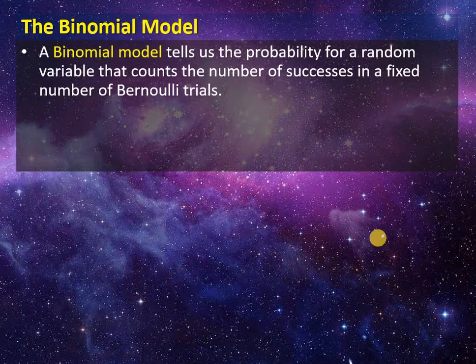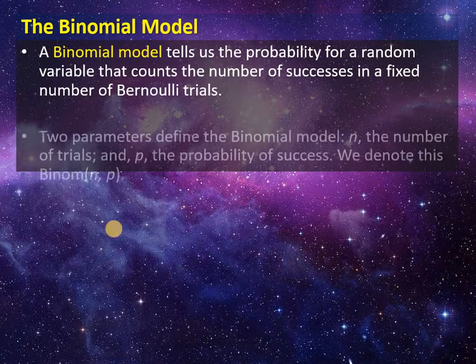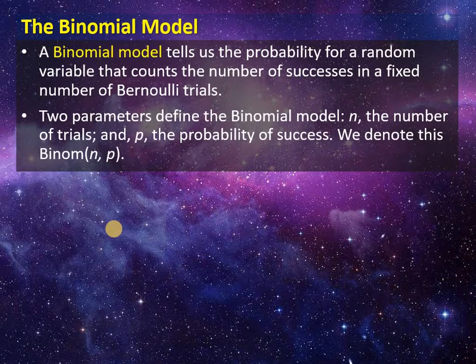You're done. So for binomial, what you need to understand is that you have a fixed number of trials. And when we're talking about the binomial model, we have to extend what we're talking about. We still have the probability of success, but we also need to incorporate into that distribution how many times I am going to do this.